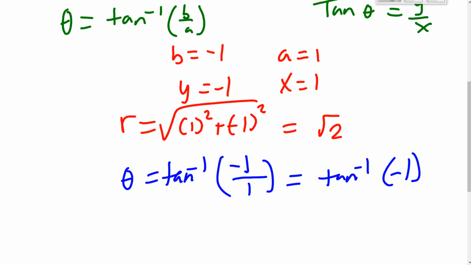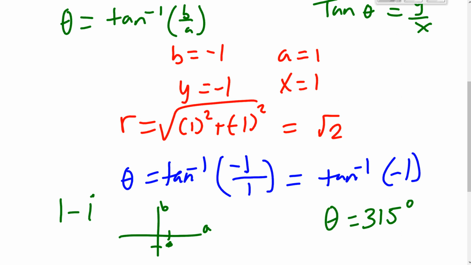To determine what quadrant we're in, we'll go ahead and graph this. We go over on our x-axis 1, and down on our imaginary axis. Our real axis is left and right, that's our a or x, and b is our y. So our point is right here in the fourth quadrant. So really this is going to be 315 because it's based on a 45. So 315, that's going to be our theta.